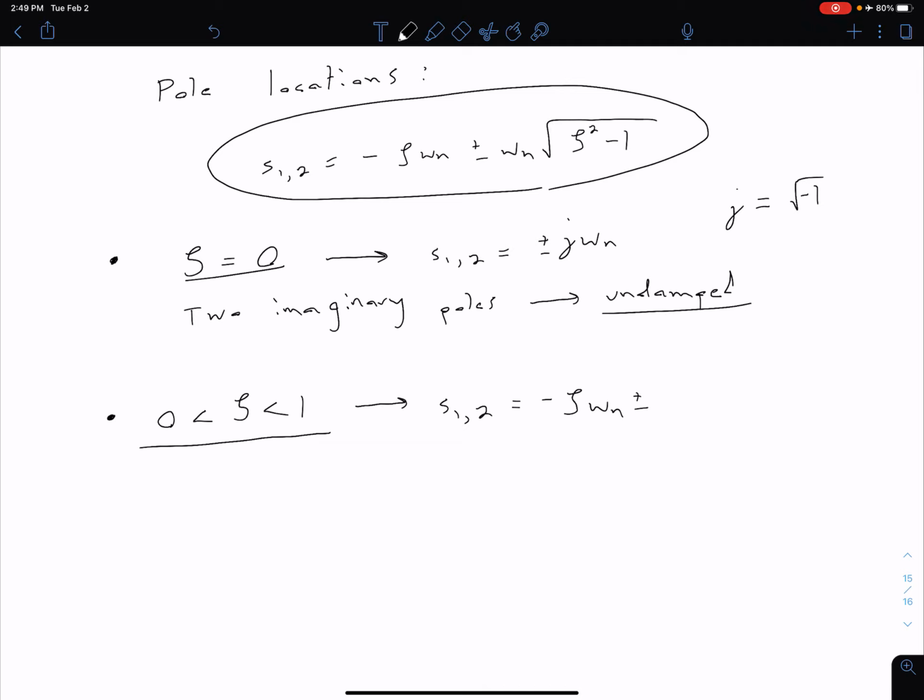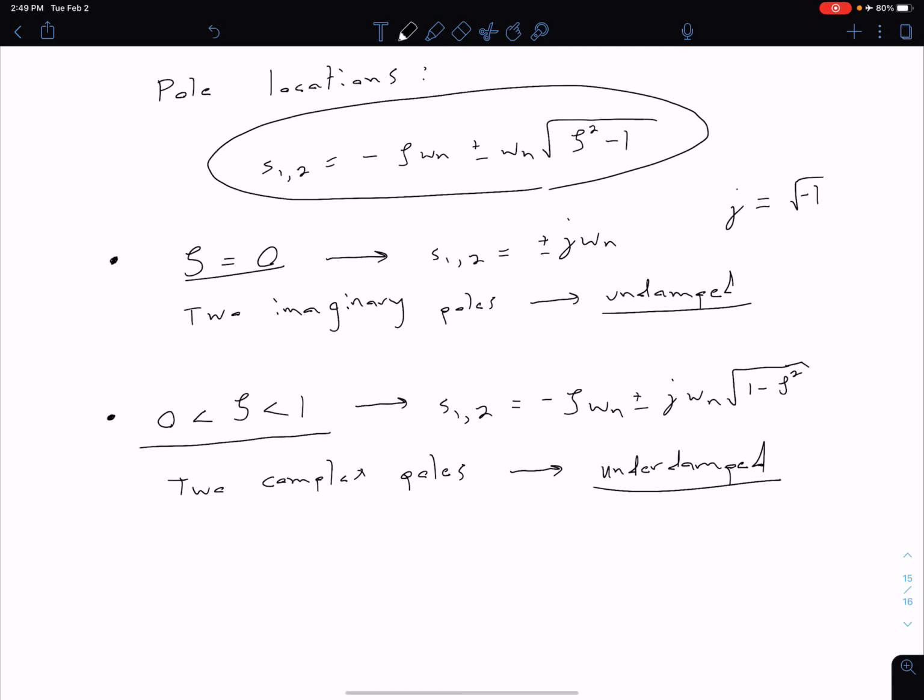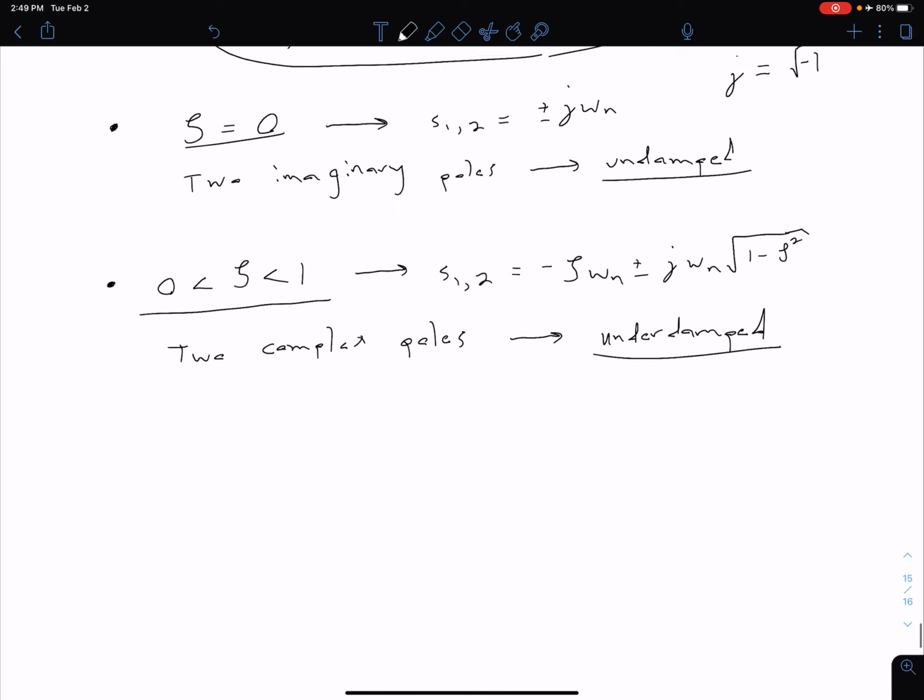So we can multiply by negative 1, factor out a j, and then we have omega_n times the square root of 1 minus zeta squared. I've just flipped the order in that determinant. Here we see we have two complex poles, and as we saw previously, complex poles correspond to an underdamped response. So we know if zeta is in that range, we have an underdamped response.